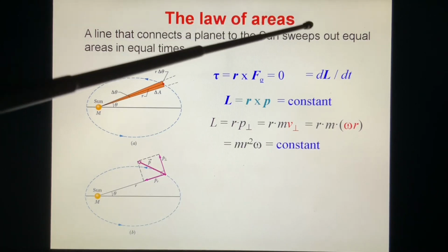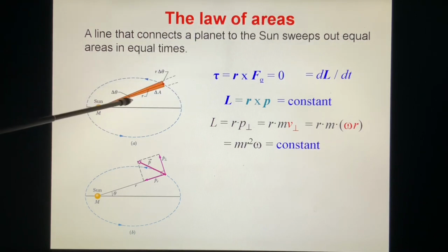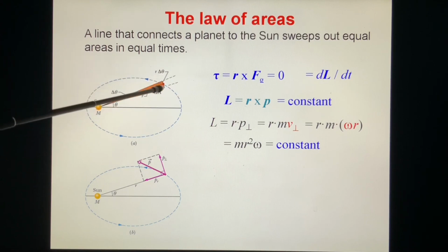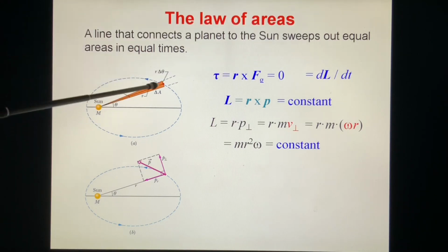Now let's look at the area swept out. In delta t, it moves through delta theta. This line is r, and this line is r delta theta. The area of this triangle, the swept-out area, has base r delta theta and height r, times a half.